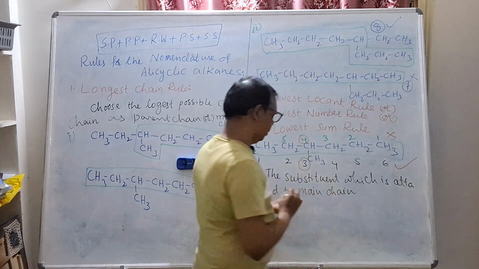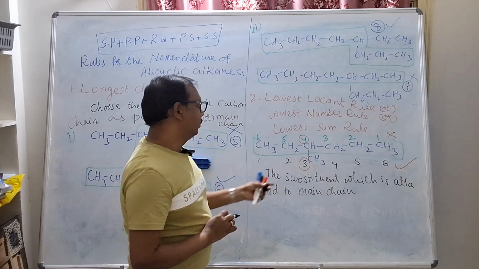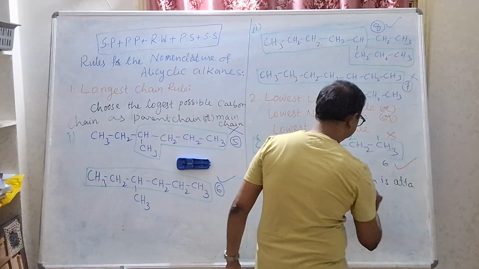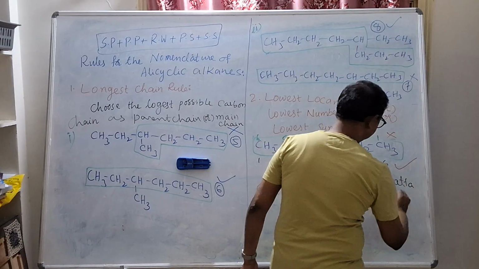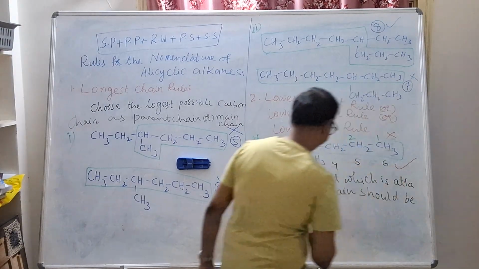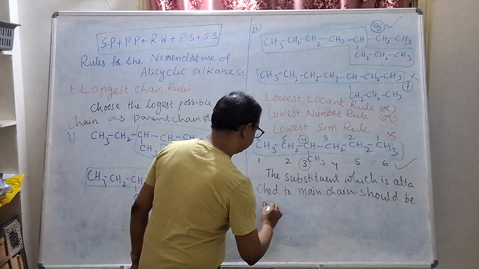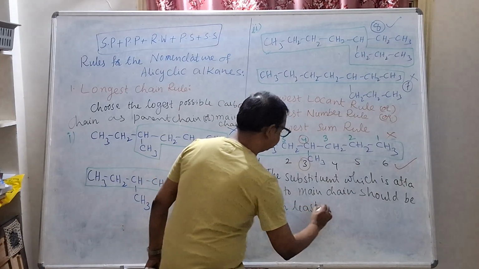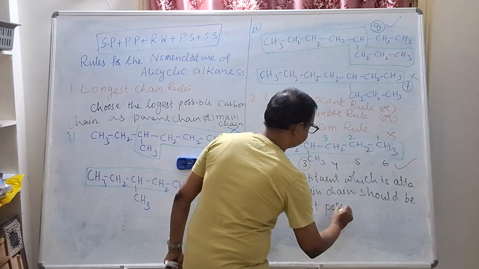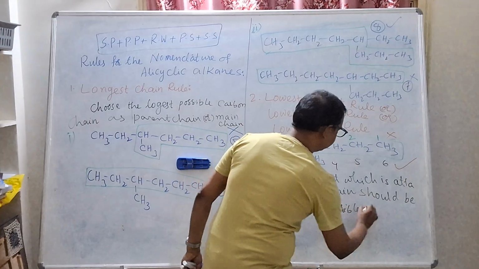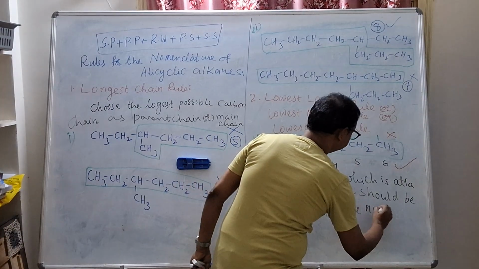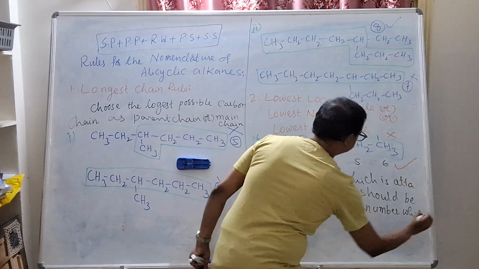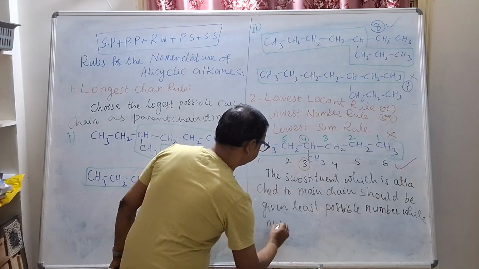We can see this. The substituent which is attached to main chain should be given least possible number while numbering of the carbon chain.